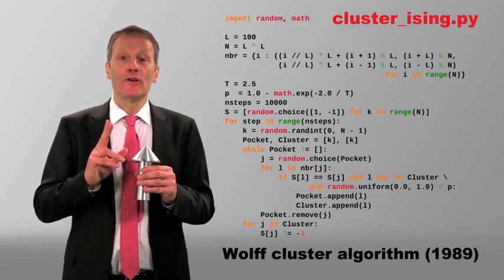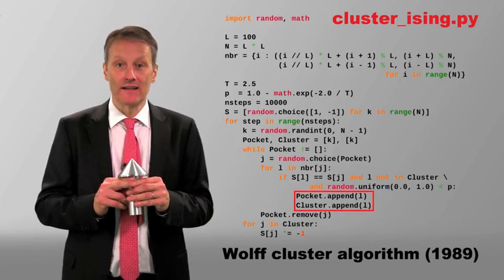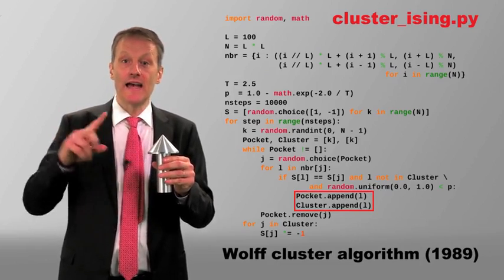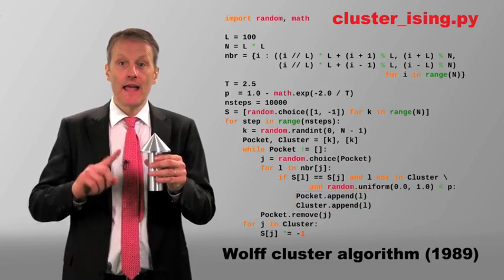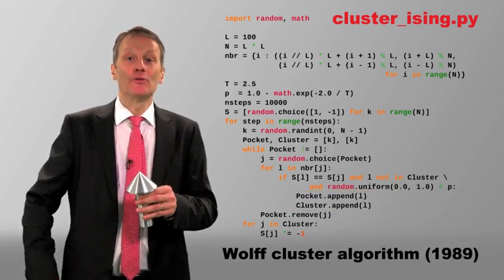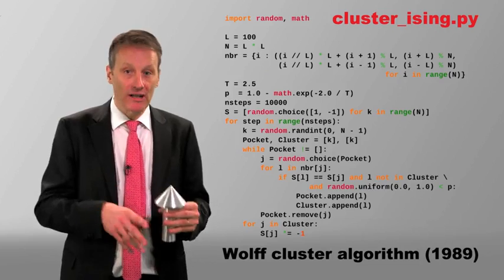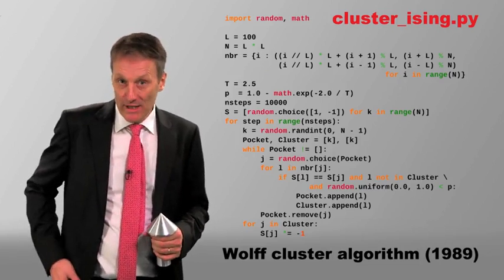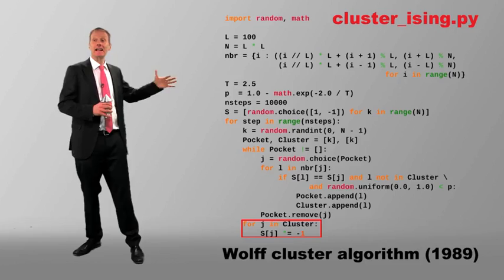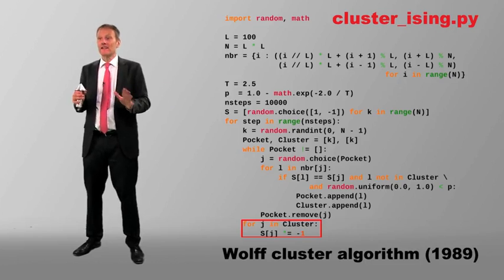If these three conditions are satisfied, you add the new spin to the cluster and to the pocket. And once you have checked all the neighbors of this spin, you take it out of the pocket. Once the pocket is empty, you flip the entire cluster. This is all there is to one of the most influential algorithms in all of statistical physics.